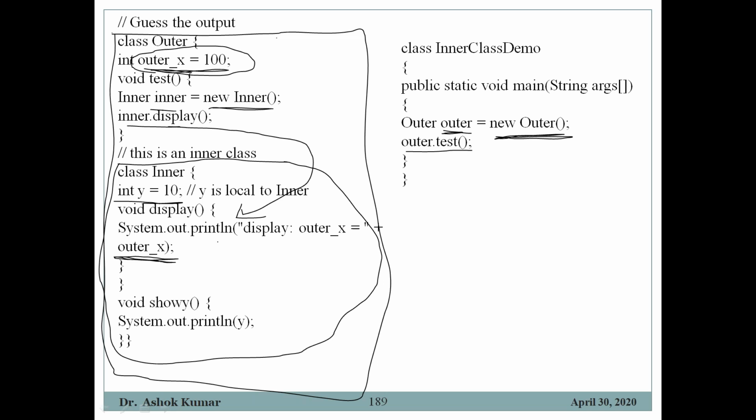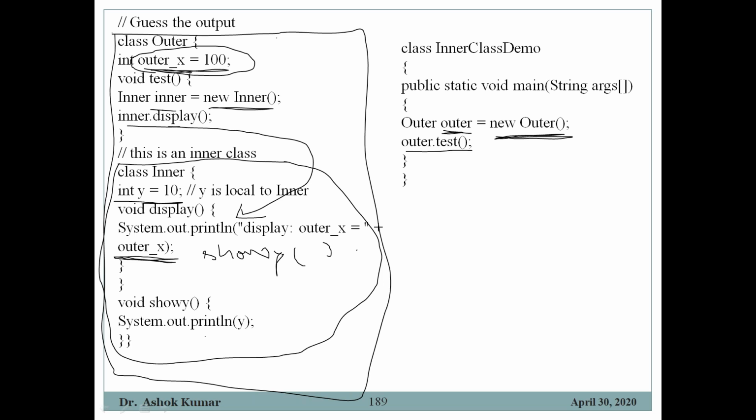Within this method, if you put another call, let's say show y, then you have to write show y in this method, and if you call it, then it will call this show y, and from show y we are accessing this value.